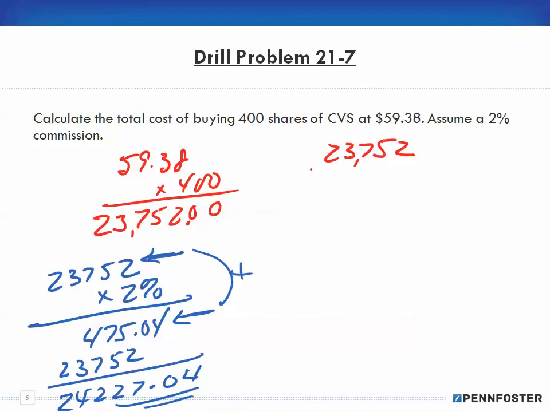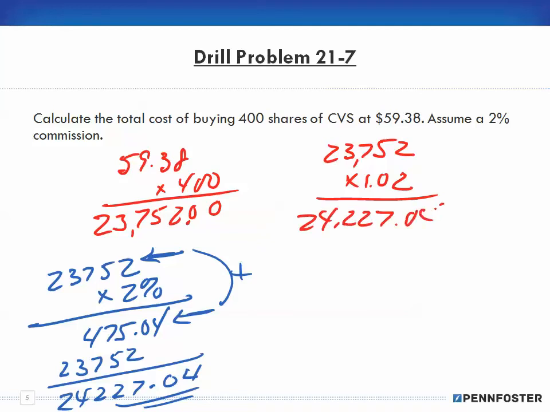I take 23,752 times 1.02, I'm hitting my calculator, and I come up with the same exact number, 24,227.04.